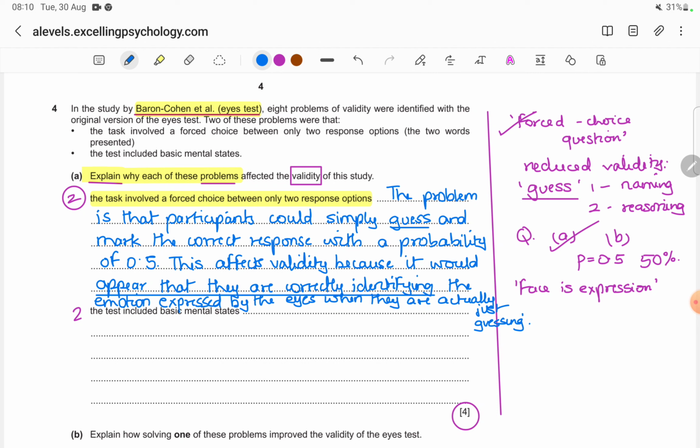Okay, again, how do we get marked on this answer? Like I always show you, this first sentence in which you have identified what could reduce validity, you will get 1 mark for that. And for the second part where you have linked it with the study, you will get a 2nd mark. I cannot emphasize enough how important it is to apply your understanding to the course study or scenario given.